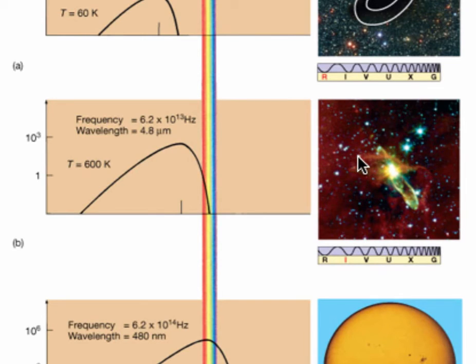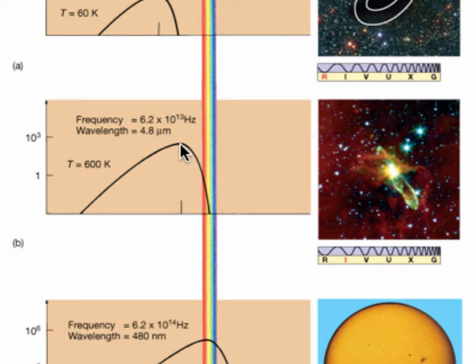If we go to the next object above the Sun, this is a star that is forming. And as such, it hasn't heated up yet. It's not hot enough to begin fusion, but it is fairly warm. It has a temperature of 600 Kelvin. That's somewhere around 600 degrees Fahrenheit, roughly. And from Wien's law, we know that because it's cooler than the Sun, its spectrum must peak at a longer wavelength. And that's exactly what the spectrum shows.